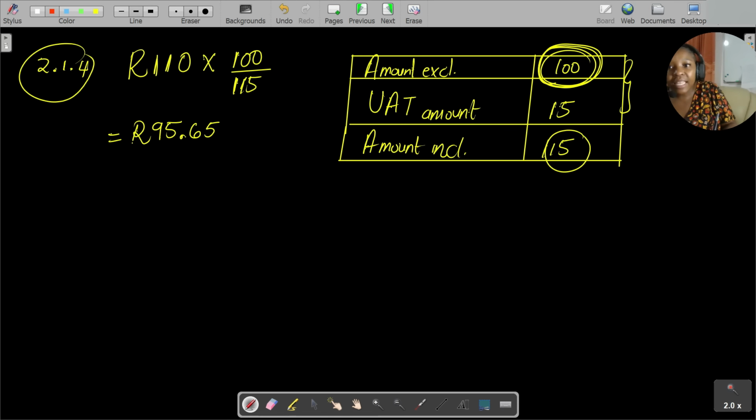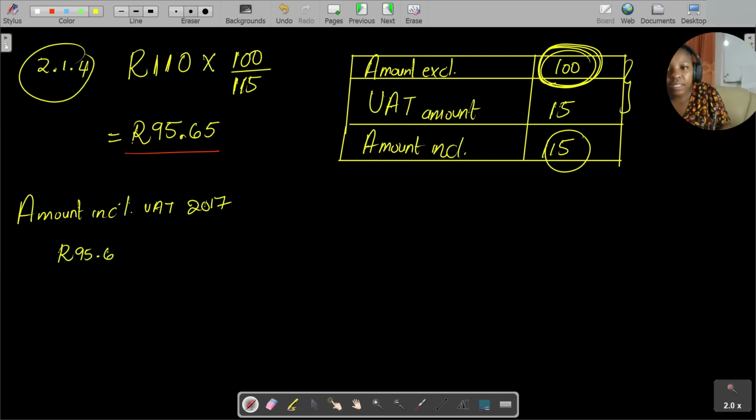The only thing that changes in this scenario is that to get the amount including VAT for 2017, we take that 95.65 multiplied by what we want. It's still going to be the same table. The only thing that changes is the VAT amount. It will be 14 there, and here it will be 114.